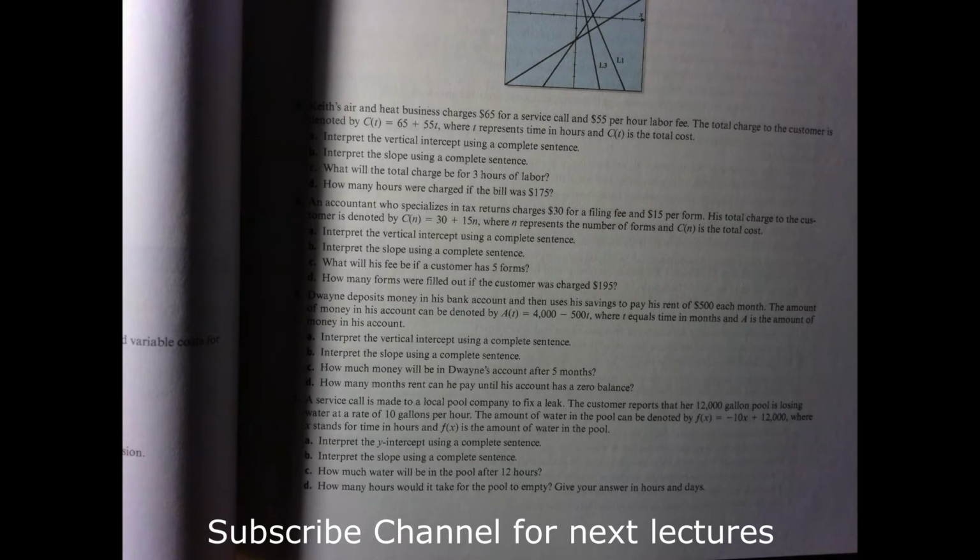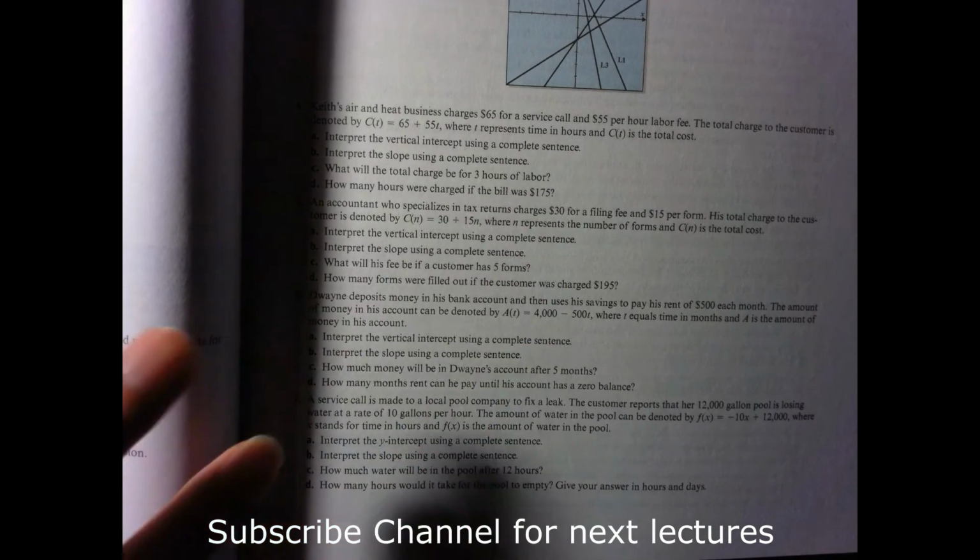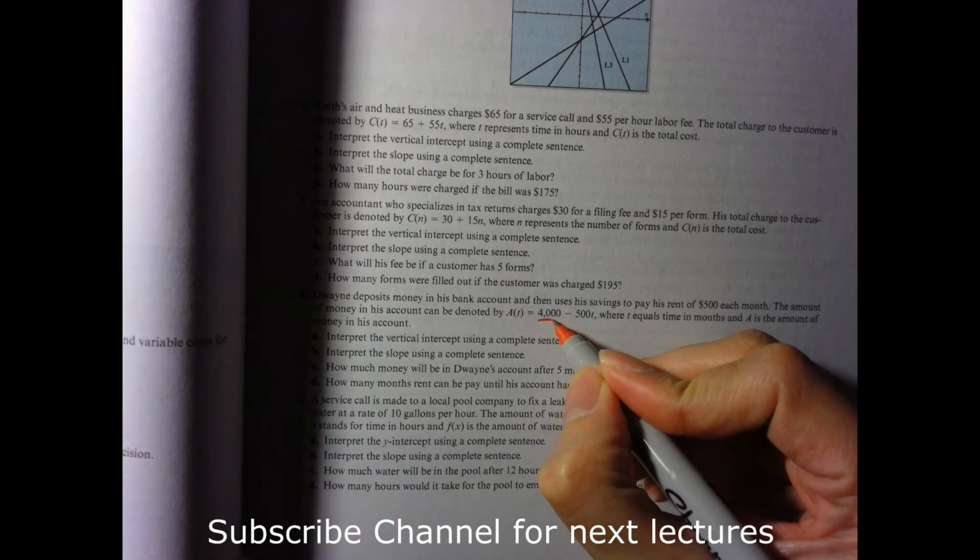Remember, the b value gives you the vertical intercept, or you can say the y-intercept. So for part A you can say that initially he has $4,000 in the bank. For part B, interpret the slope using a complete sentence.